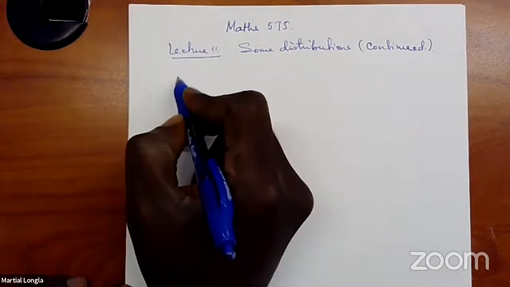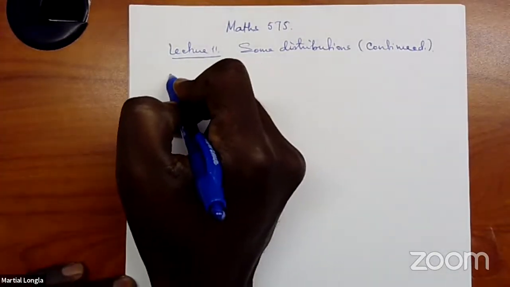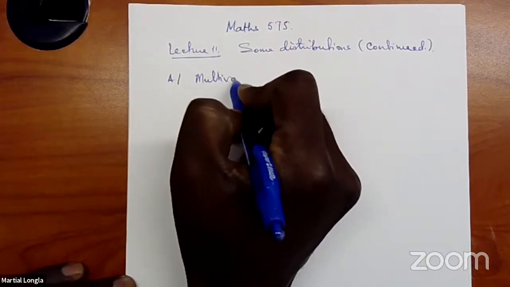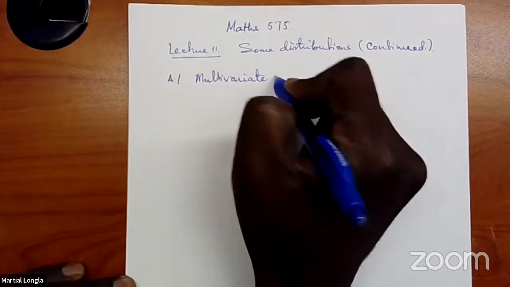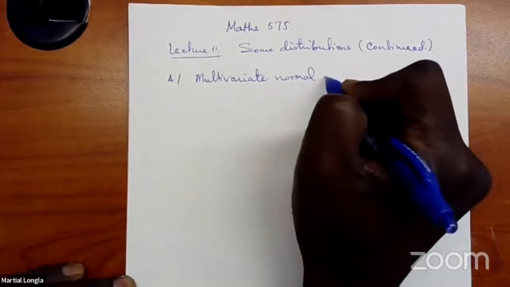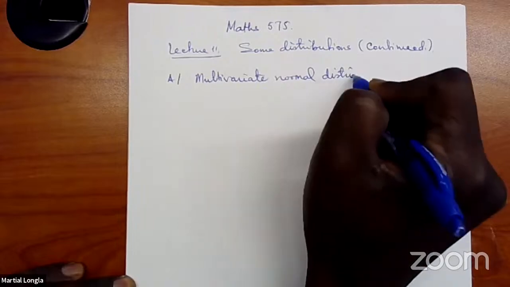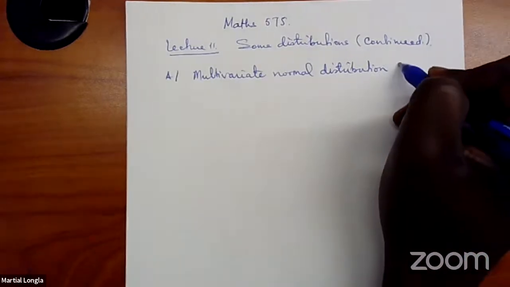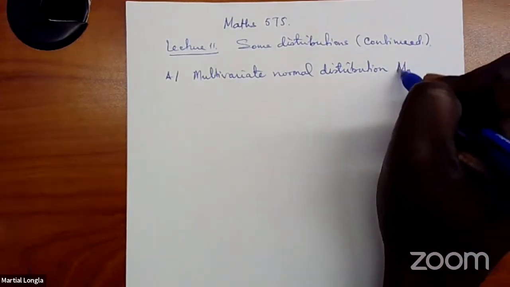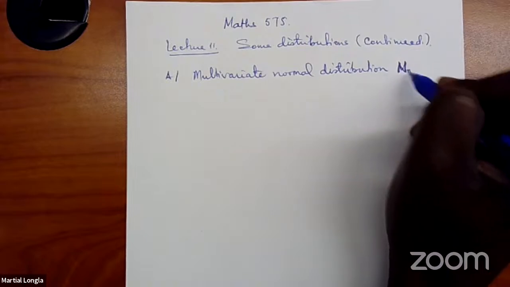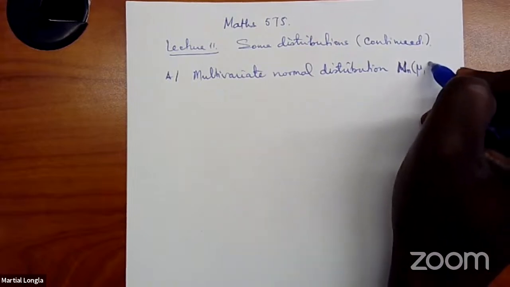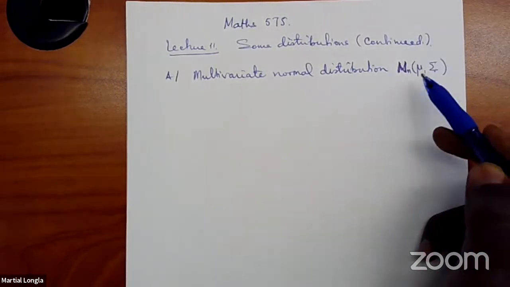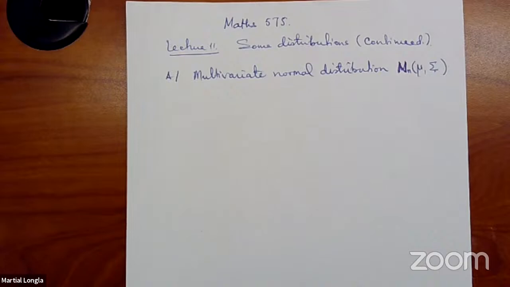So we talked last time about the multivariate normal distribution. Notation was N(mu, sigma), where sigma is the variance covariance matrix and mu is the vector of means.